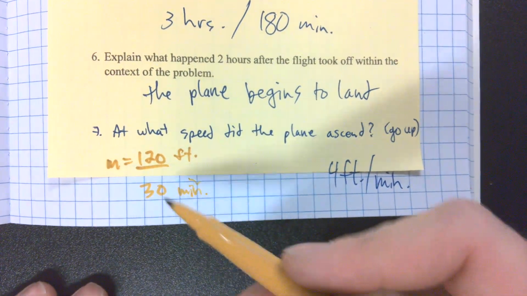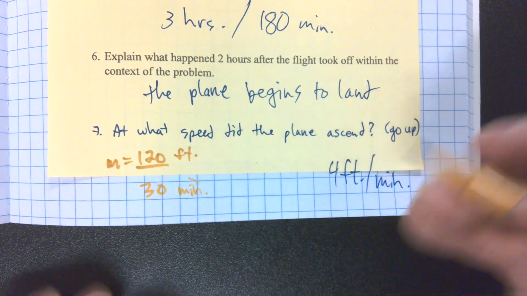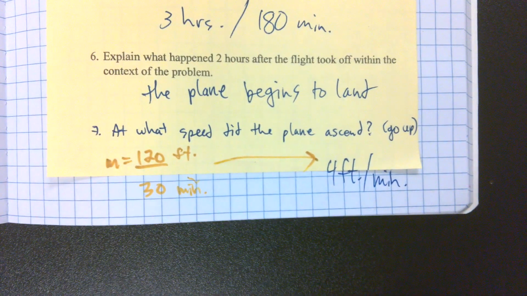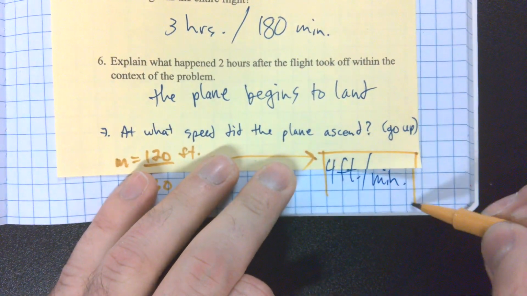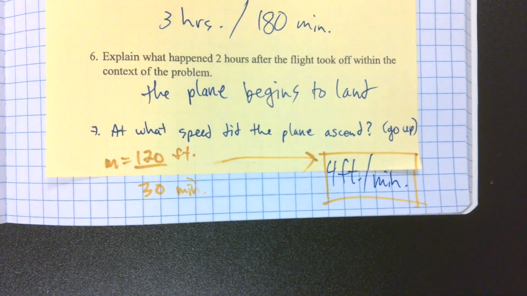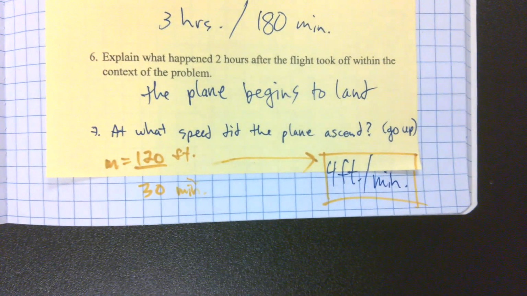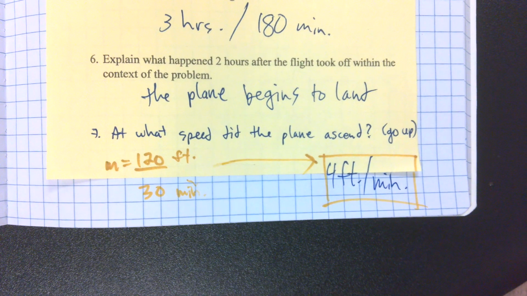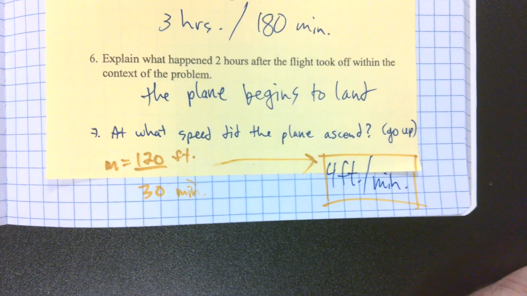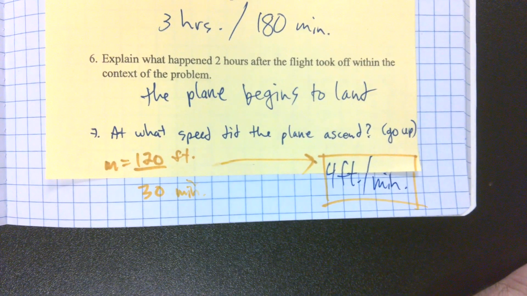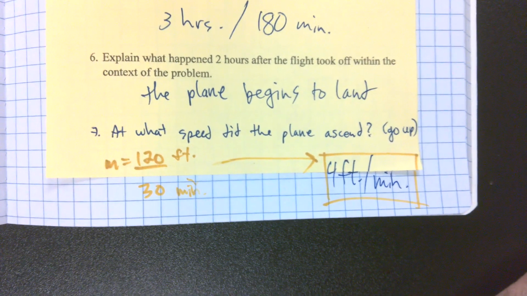We divide those two. 30 goes into 120 4 times, and my units are 4 feet per minute. Great job. Anybody else get 4 feet per minute, just out of curiosity? 1 person? 2 people? 3 people? Good.